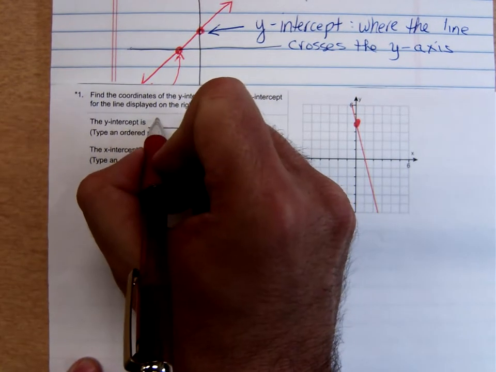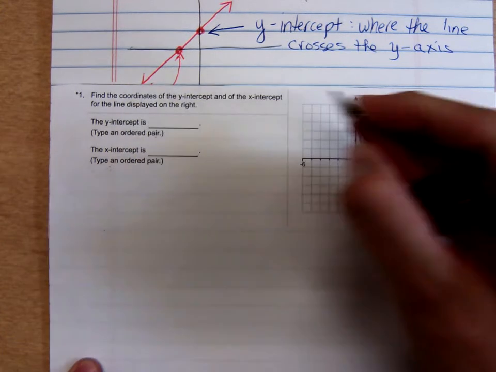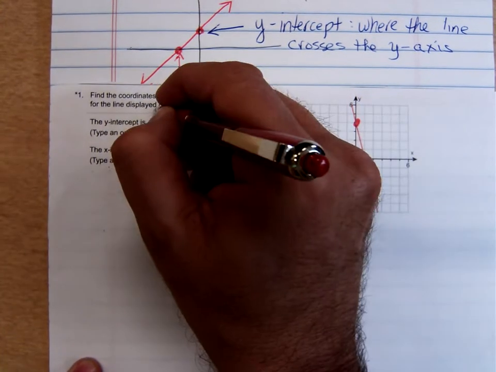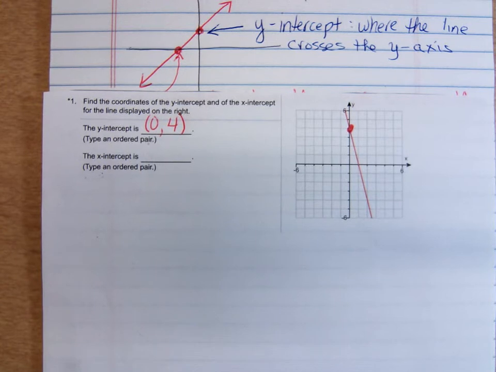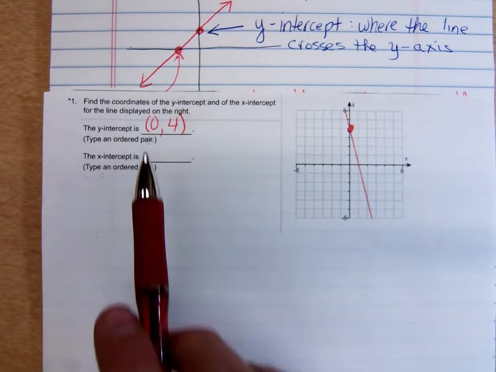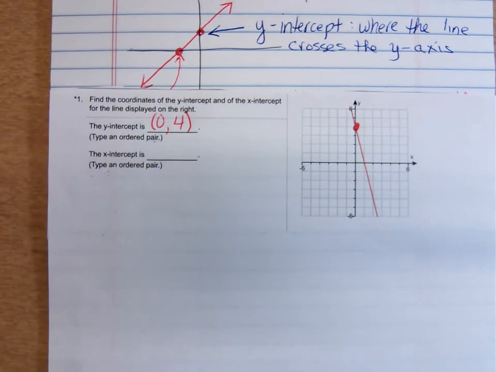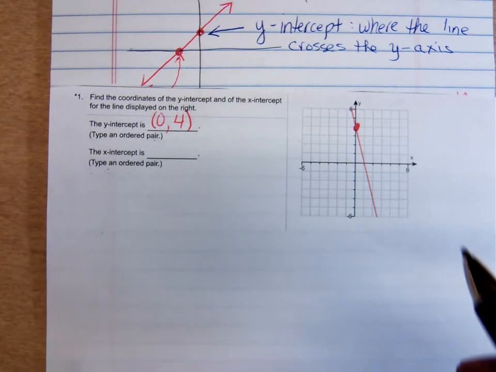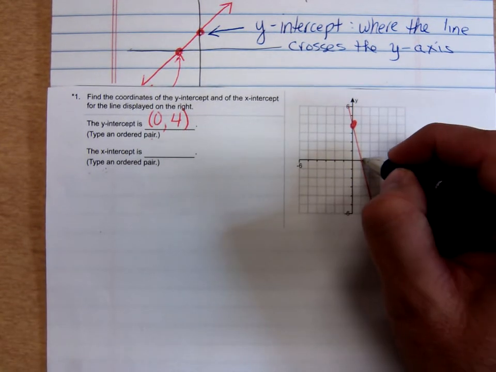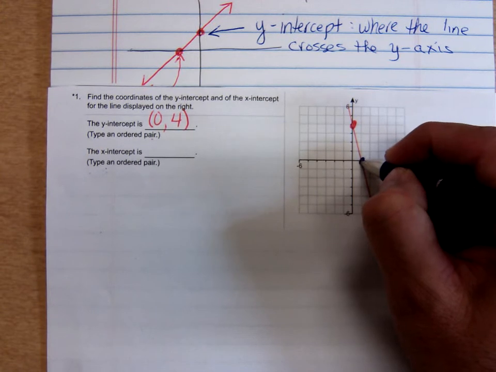4. So I'm going to have to type an ordered pair. 0, 4. Now, be sure when you type this in on My Math Lab that you're putting those parentheses there. So 0, 4 is the y-intercept. And what about the x? I'll do that in blue. It would be right here.